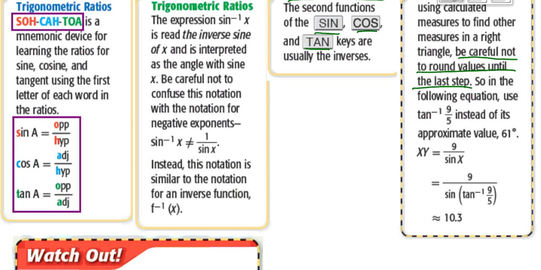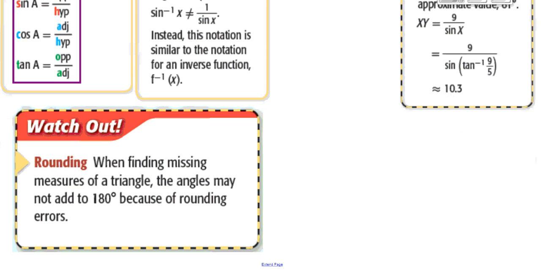If you know something like 2 sides are 9 and 5, you want to use the inverse tangent of 9 over 5 as you're working other parts of a problem, instead of the approximate value. If you forget that, just make sure that you're writing what your approximate values are as you go so that you don't miss anything.